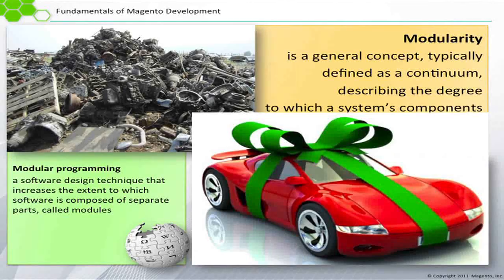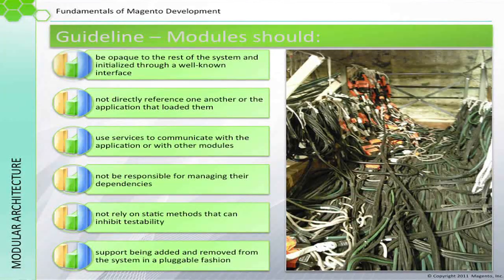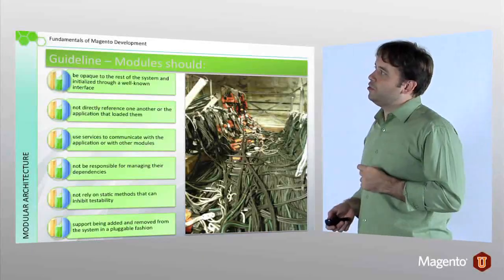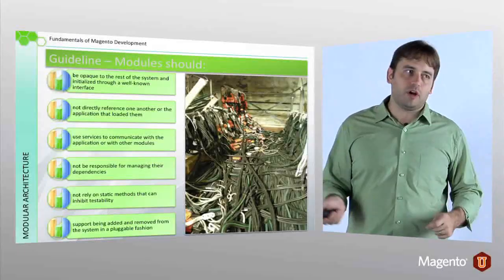All right, let's talk about module guidelines. Some of you who are familiar with other modular-based systems are going to be able to recognize some of these. But you should always consider these, and they're very important to remember when you are making your own module.